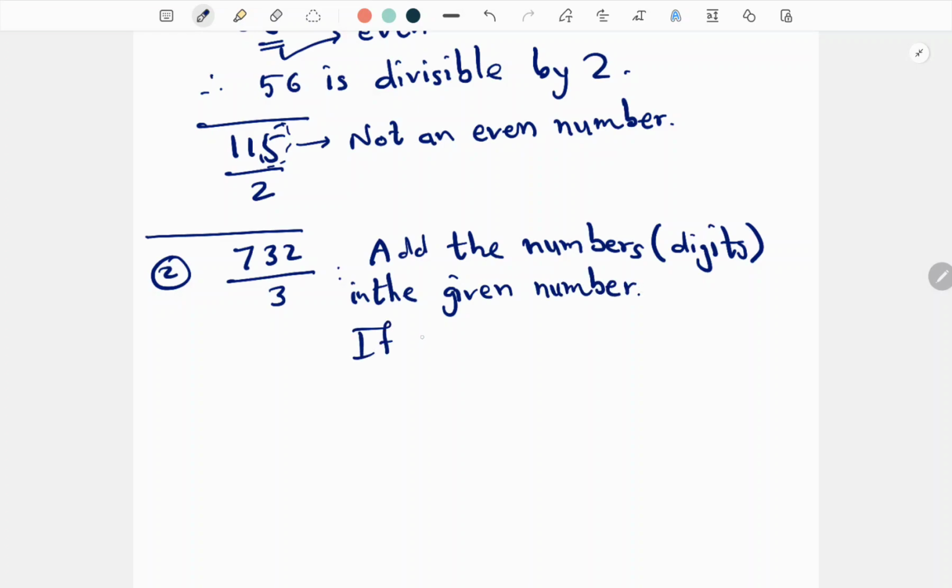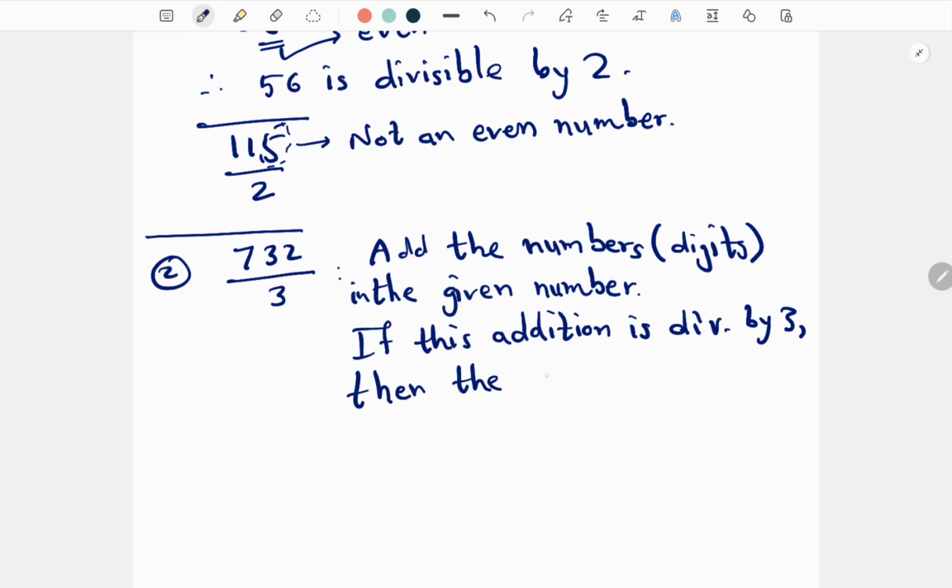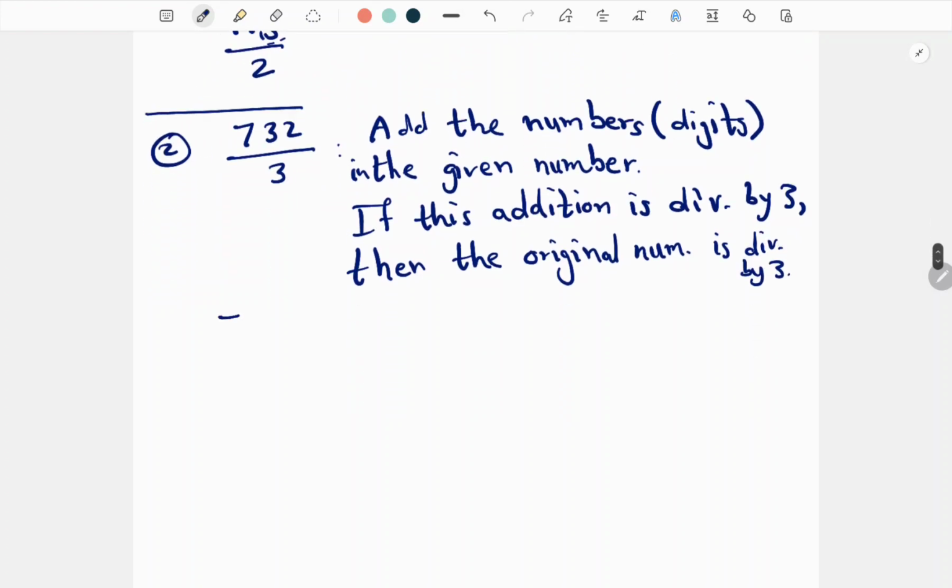If this addition is divisible by 3, then the original number is also divisible by 3. So let's see how to apply this rule here.